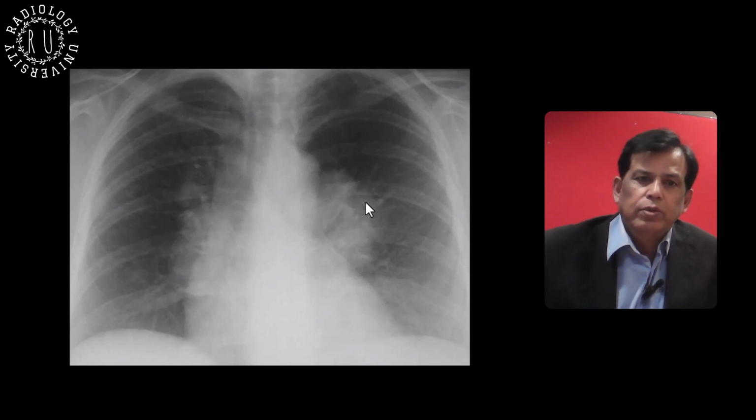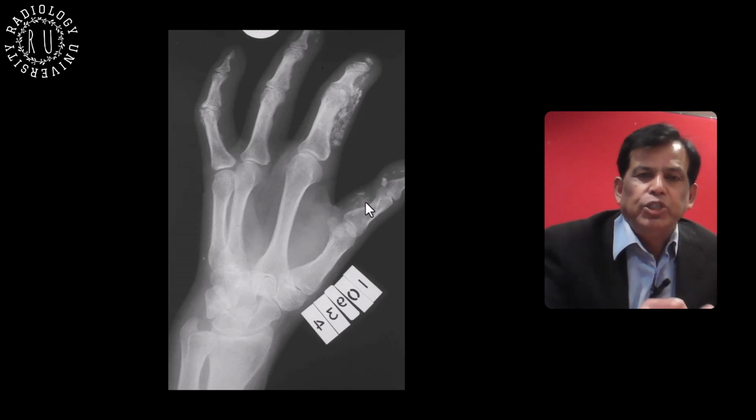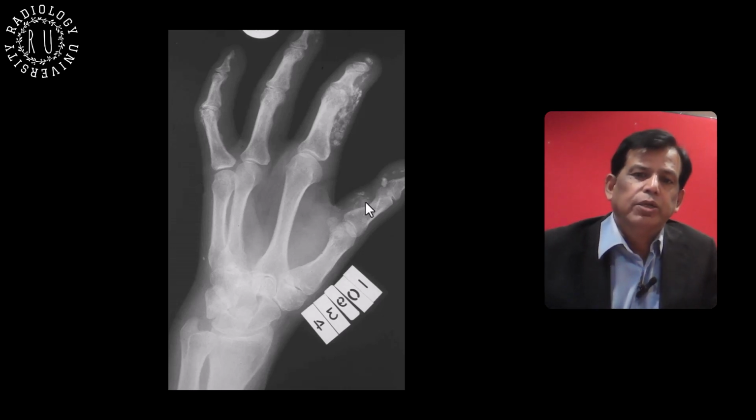Okay, we carry on to the next case, case number 2. This patient has come with some degree of shortness of breath and pain in the hands and limbs. Carry on.